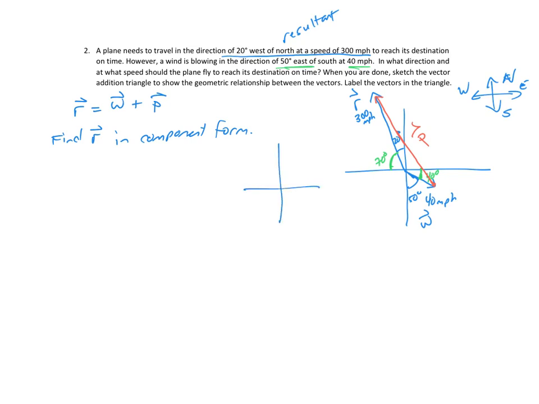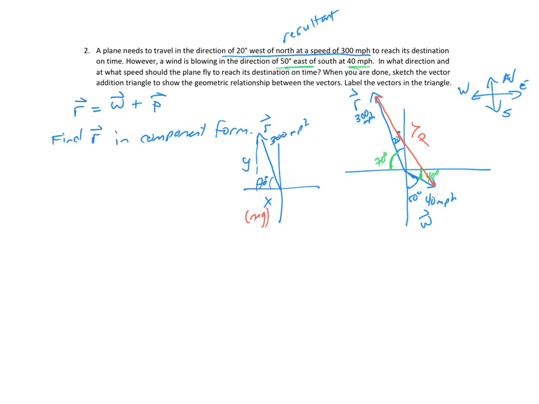So I'm just going to draw R separately so that we can work with that. So this was the vector R. It's 300 miles per hour, and our angle, the reference angle, is 70 degrees. And then we're going to find the horizontal and vertical components, and I'm going to make a note that the horizontal component has to be negative because we're in the second quadrant.